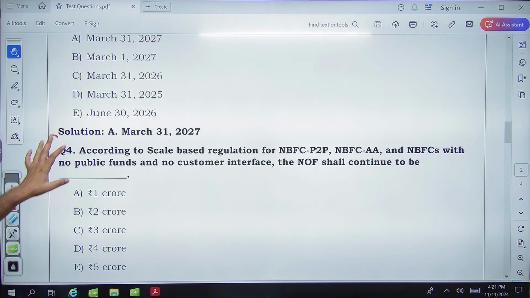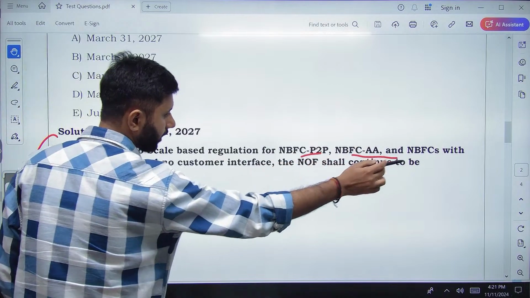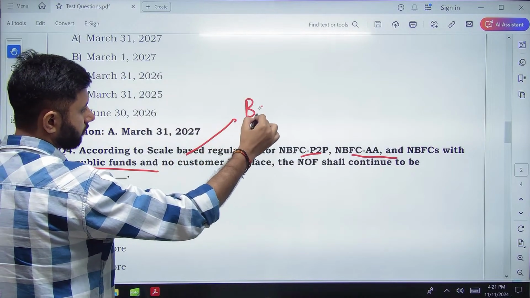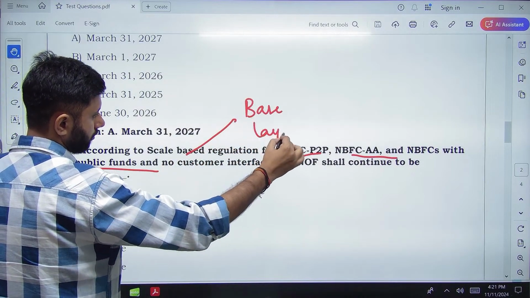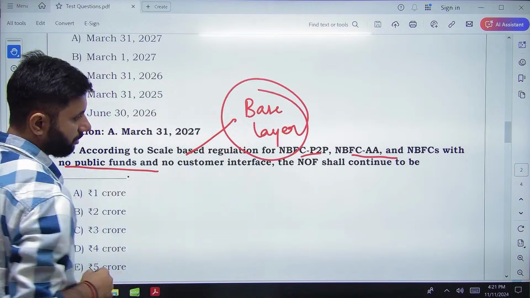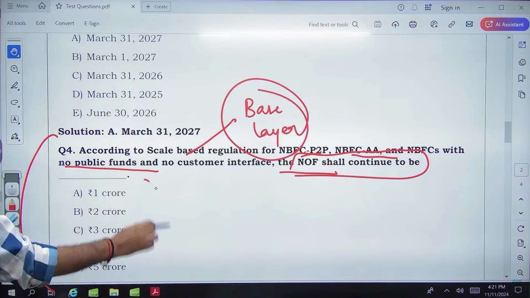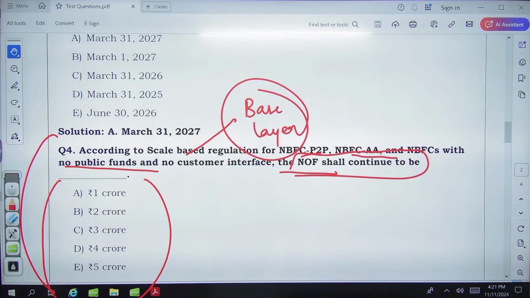What about this question? According to the scale-based regulation for P2P account aggregator as well as no public funds, which is obviously the base layer, NBFCs, the net owned fund shall continue to be how much? What do you think?